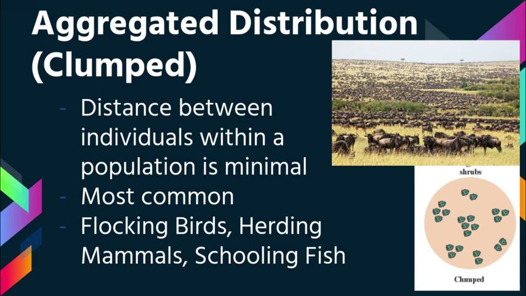They get in groups of millions. I think there's a herd in Africa that is like 9 million strong. They're the largest herd of any living organism on the planet, and they go on one of the largest migratory routes. They're always moving.